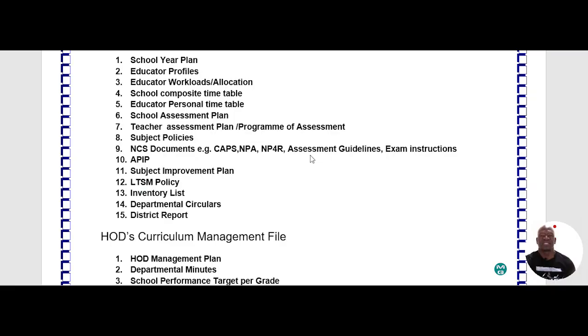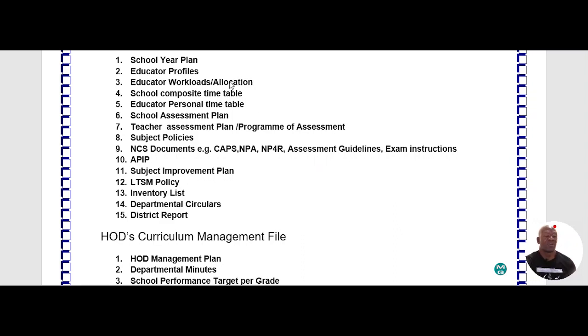And the next one, in terms of the NCS documents to be contained in the HOD file, is the assessment guidelines. You can choose to have one of the assessment guidelines that you know of. It could be an assessment guideline that speaks to issues of moderation or any other curriculum related matters, as long as it is an assessment guideline. That is one of the documents that must be put in that particular section of the NCS documents, and also the exam instructions.